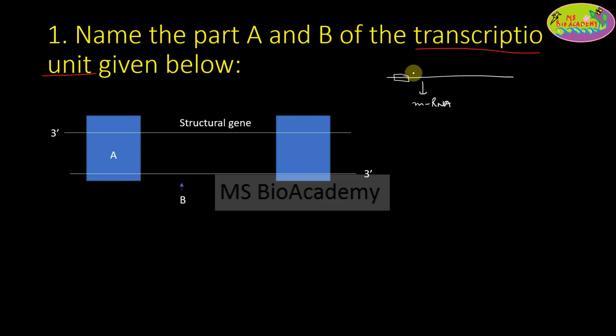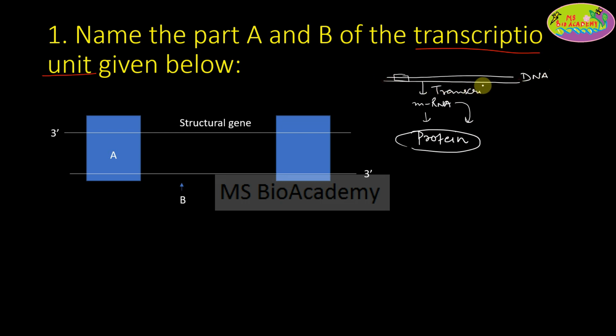All right, we know that whatever protein needs to be formed, how is it formed? It is formed when a specific mRNA is generated, and mRNA is formed from the DNA by means of what process? By means of the transcription process.